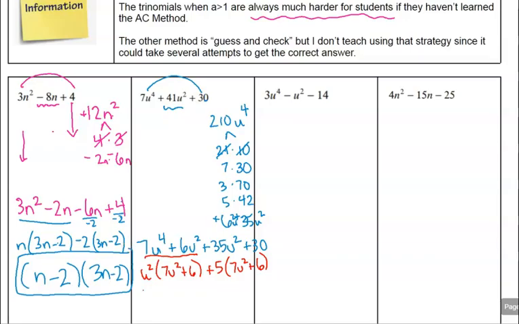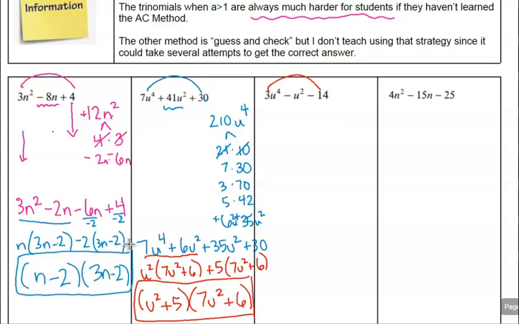And so our outside terms are u squared plus 5 and 7u squared plus 6. So that was not easy to get because that factor was so large. So I want you to see how to find other factors because that is going to be the hardest part.